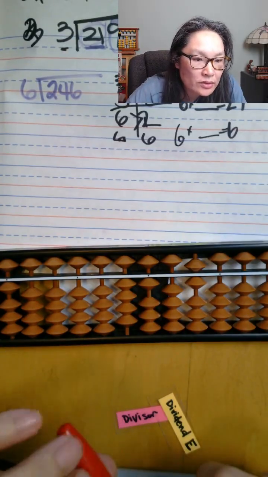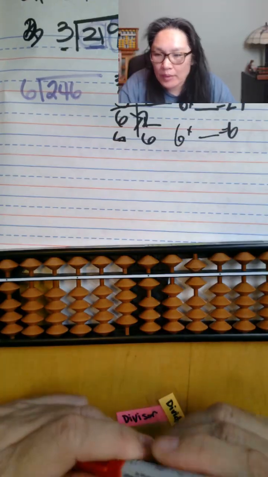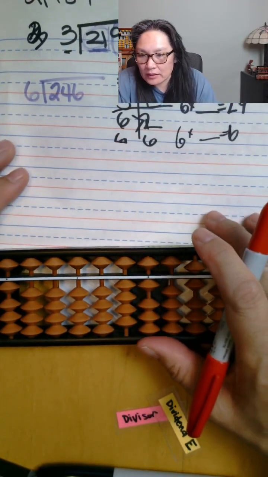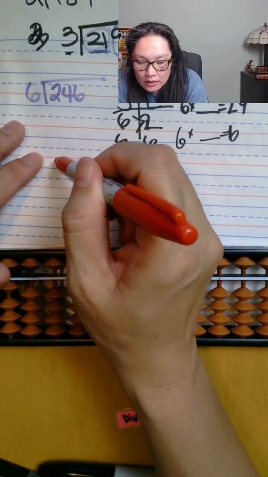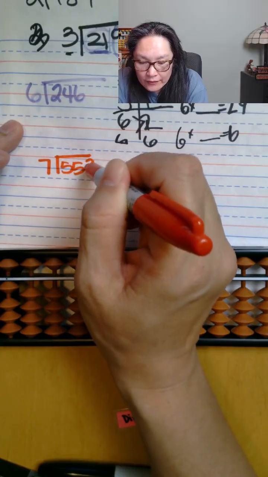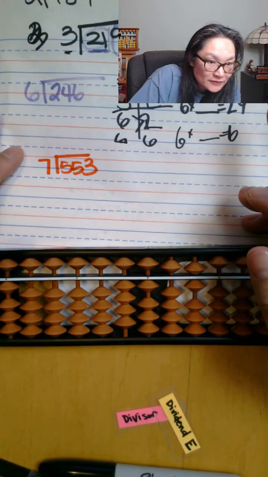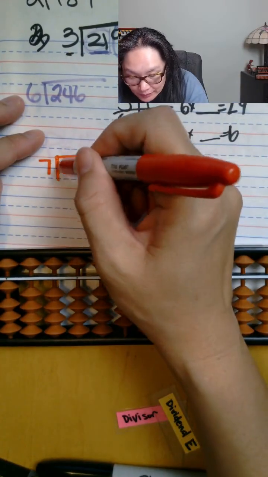Practice. Your brain is learning something different from what you're used to. Yeah, exactly. It's all about practice. That's about it. Okay. 7,553. Yeah, okay.